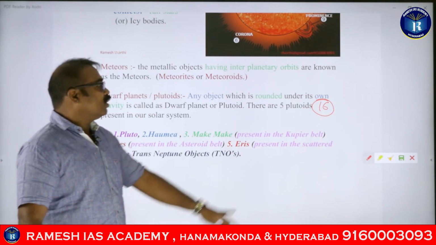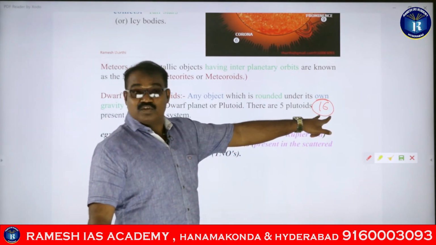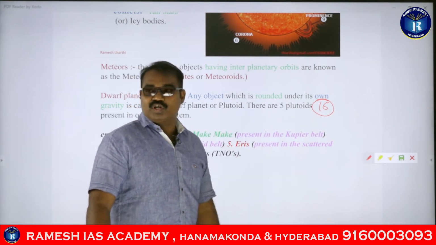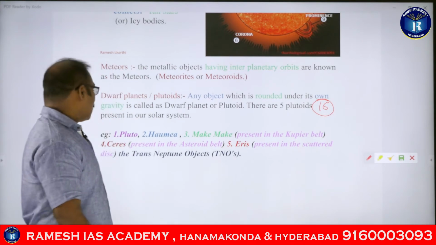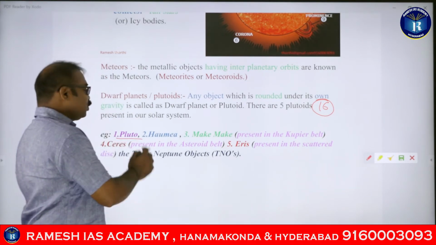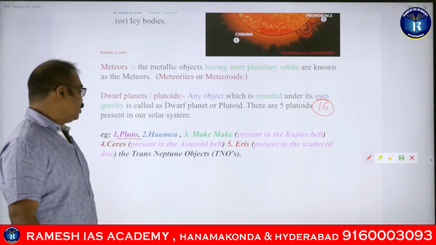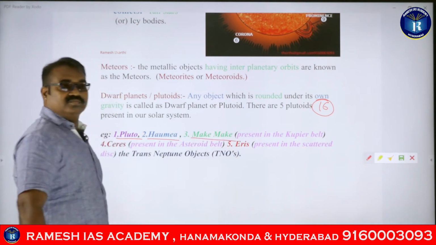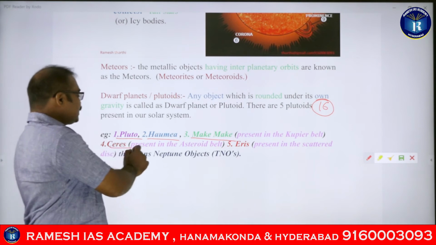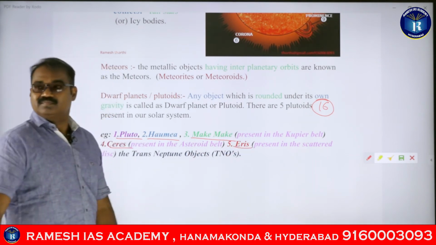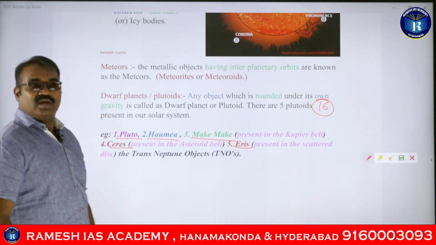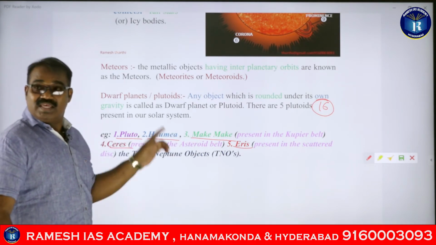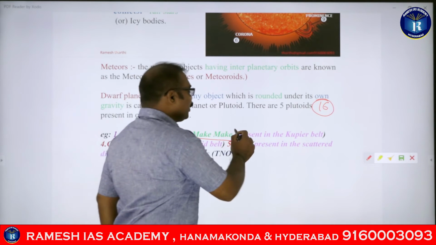Right. So this has not come to the public yet. So we will be studying only the 5 Plutoids or dwarf planets. Out of those 5, number 1 is Pluto, number 2 is Haumea, number 3 is Makemake, number 4 is Ceres, and number 5 is Eris. Okay, so Pluto, Haumea and Makemake, these 3 are present in the Kuiper belt.